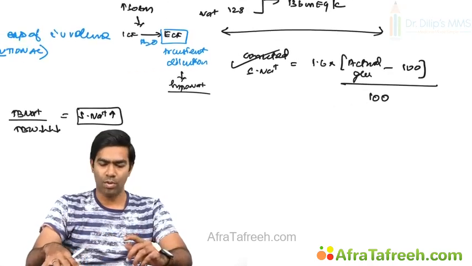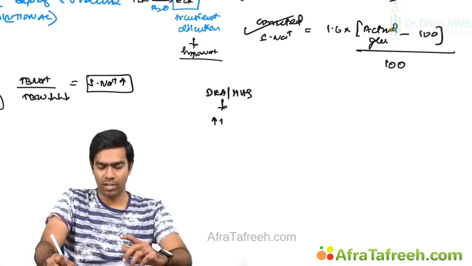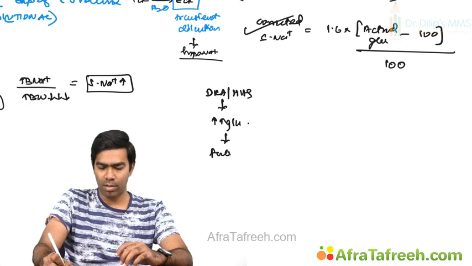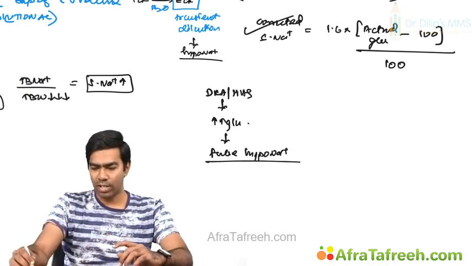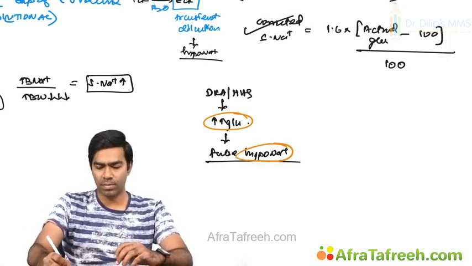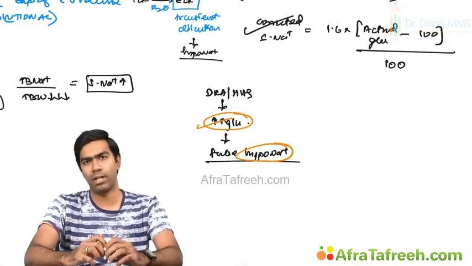And if you want one more understanding, I told you again, in DKA and HHS, the patient will have very high glucose, and initially they'll have a false hyponatremia because of that, a hyperosmolar hyponatremia. So why are you getting this false hyponatremia? That is because of the excessive osmolar substance present in the blood.